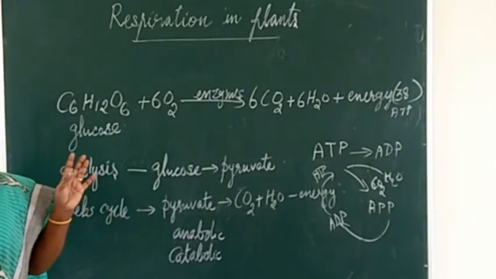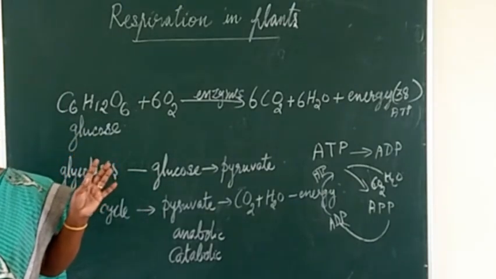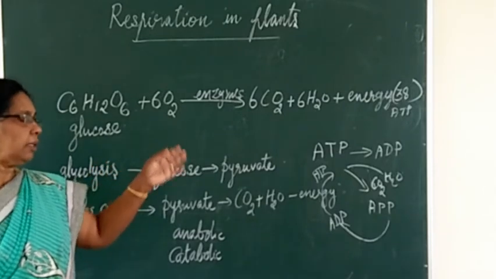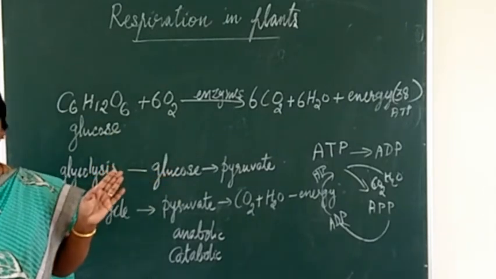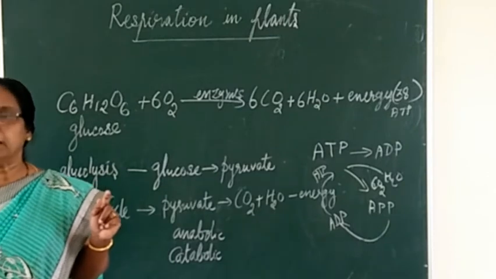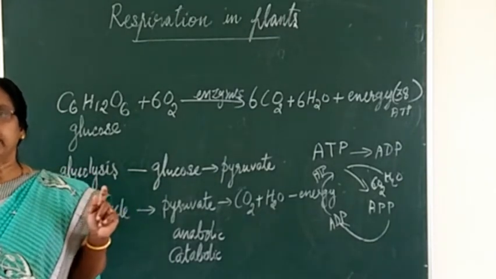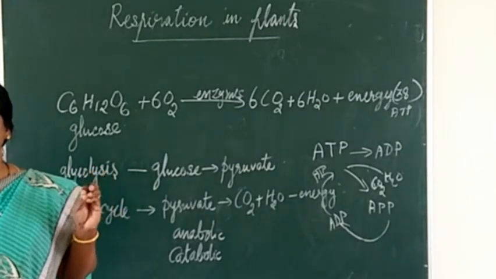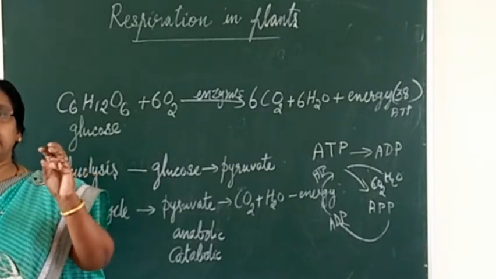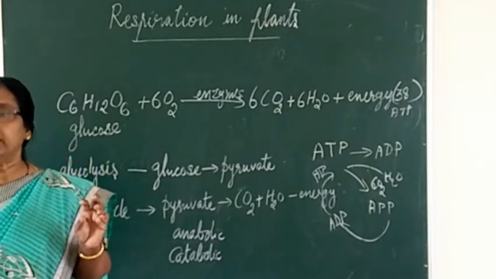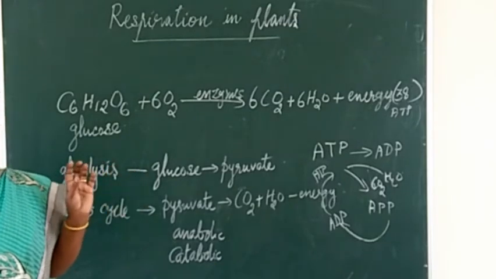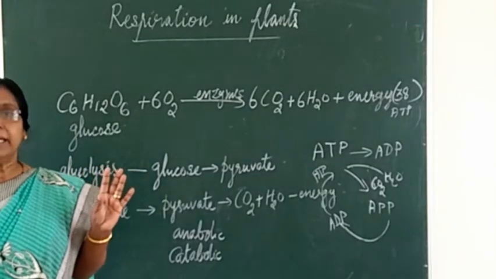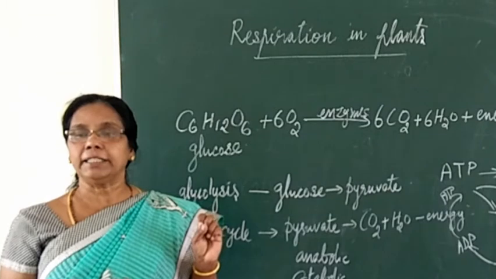Third, respiration is a biochemical process, whereas combustion is a physiochemical process. Fourth, the energy liberated in respiration is ATP and only a little heat, whereas the energy liberated in combustion is heat and light.